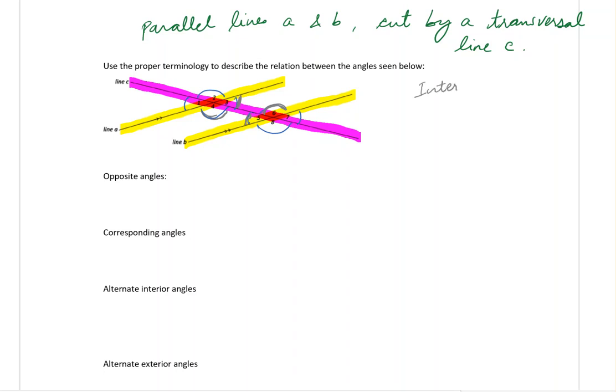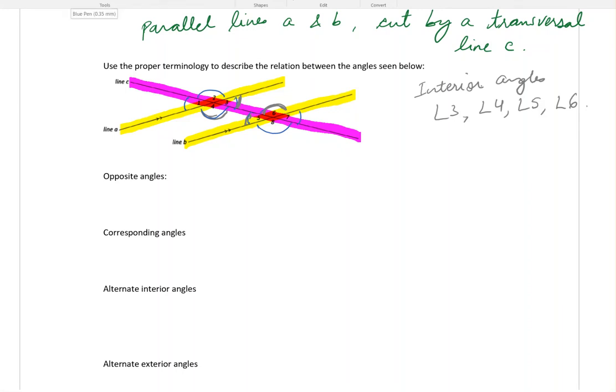In this case, interior angles would be angle 3, angle 4, angle 5, and angle 6, because they are formed inside the lines by the transversal line. Similarly, we have another set of angles called exterior angles.